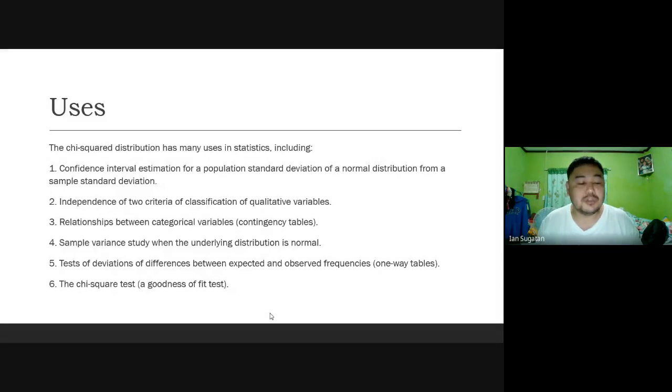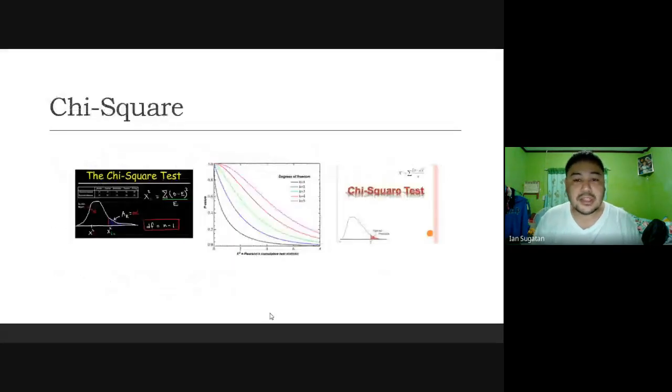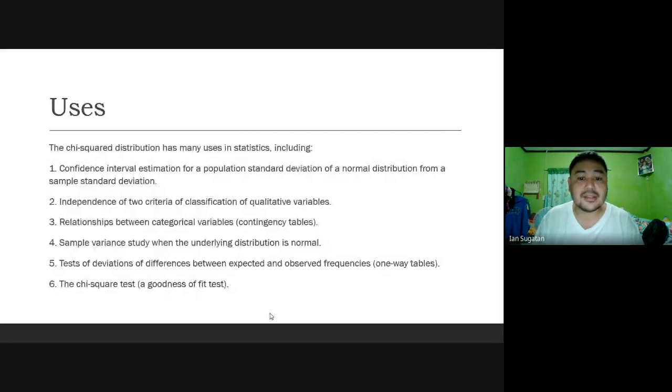Okay? So number 4 is the sample variance study when the underlying distribution is normal. So when you speak about normal values, anto kagina bala, the normal value which is specifically more or less anggid sa dang inyong adang statistical value.